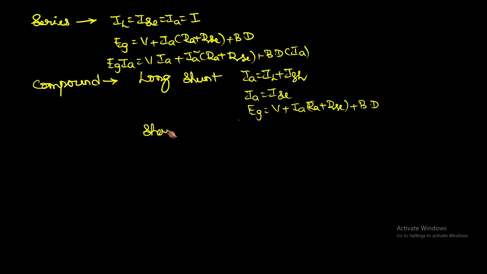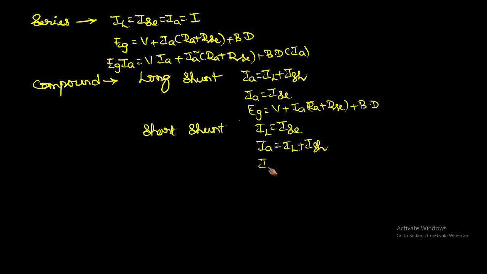Next is the short shunt compound generator. In the case of short shunt, IL is equal to Ise. Next, Ia is equal to IL plus Ish.